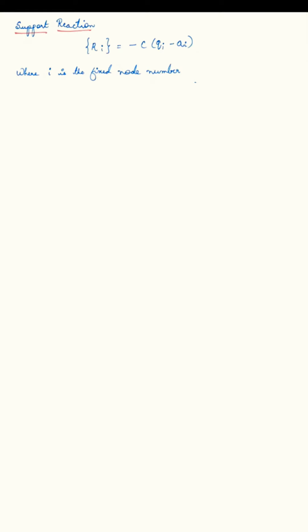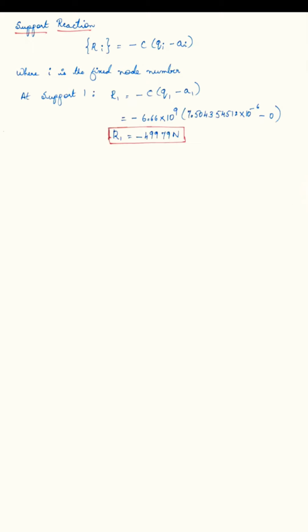So we want to calculate the reaction force at node 1. So R1 will be equal to minus C into Q1 minus A1. So C value is 6.66 into 10 to the power of 9. Q1 value, we have seen it is very negligible, but the value is now considered. If we had taken it to be equal to 0, since it is 10 to the power of minus 6, if I want to approximate it to 0, then the R1 value here will also yield 0, since 0 multiplied by a term will be 0.